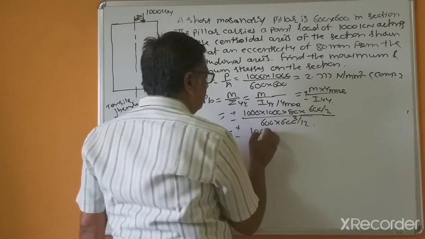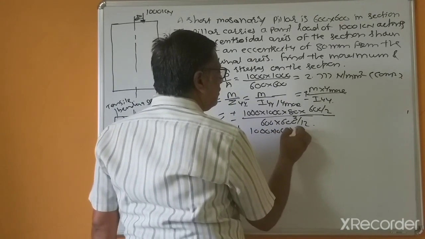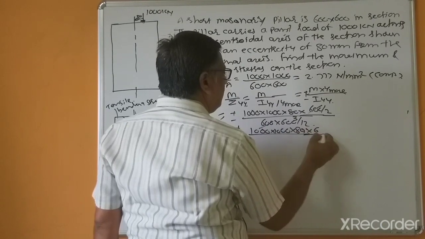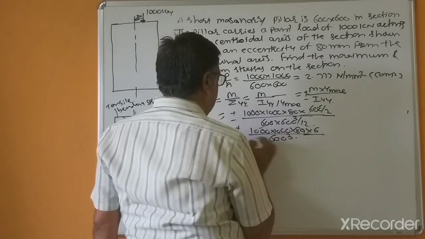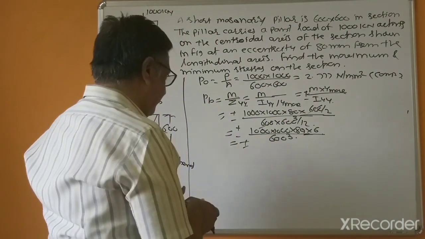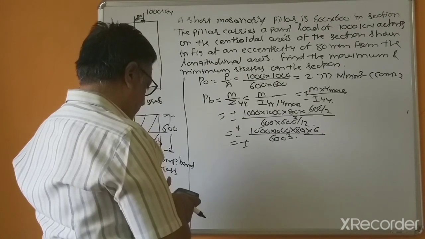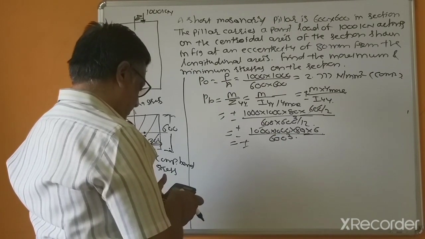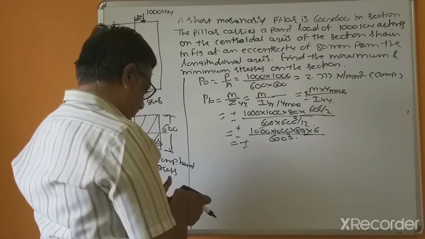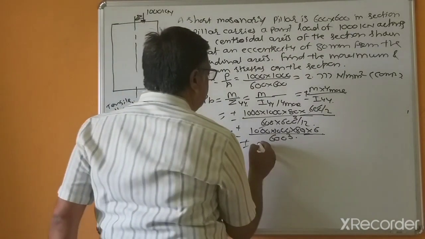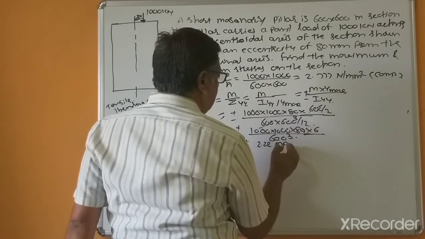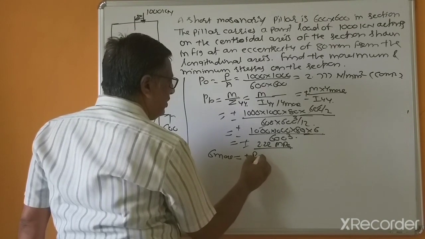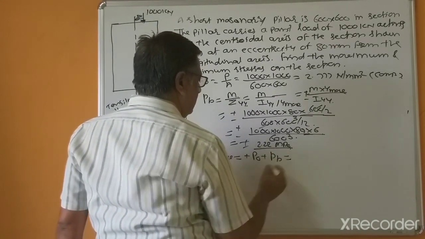Same you can write, 600 will get cancelled, and this is equal to 2.22 megapascal.